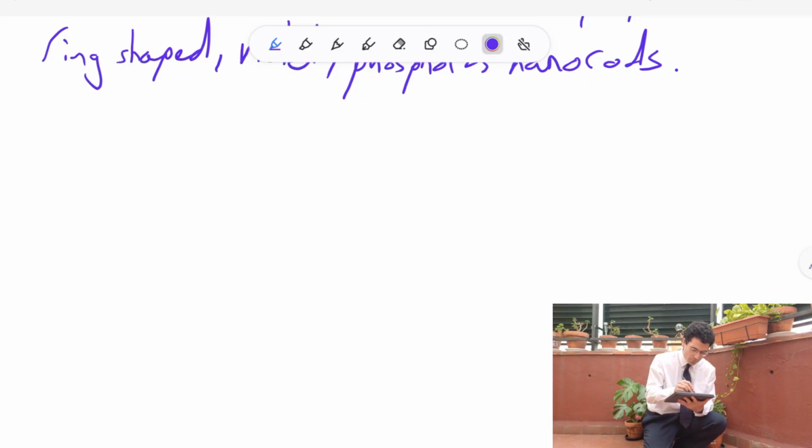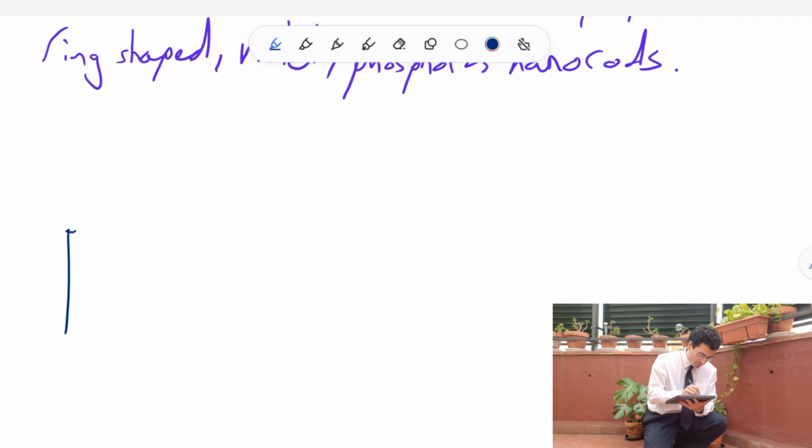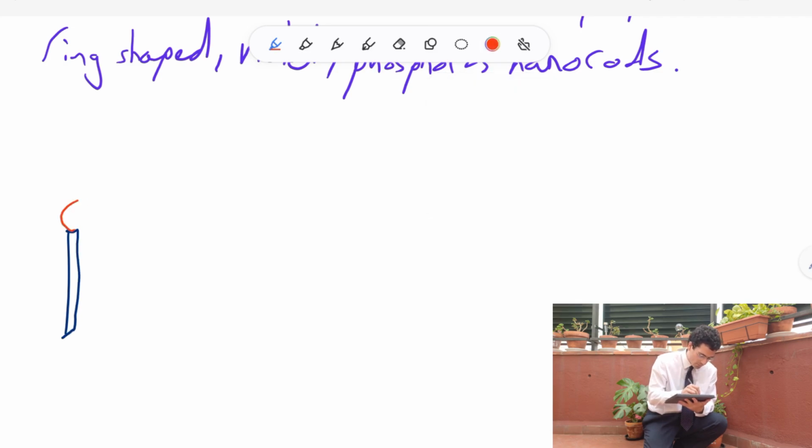So I will draw a matchstick. So here is my matchstick, and in red on the end I have a little solid blob, and I have a striking surface.